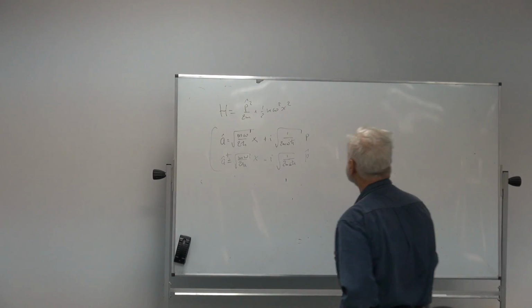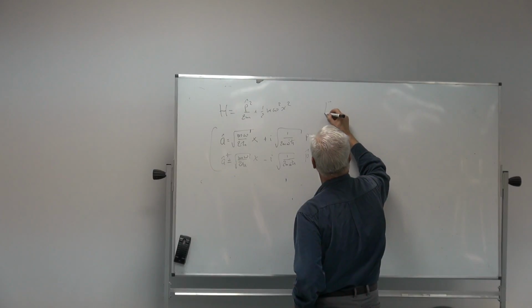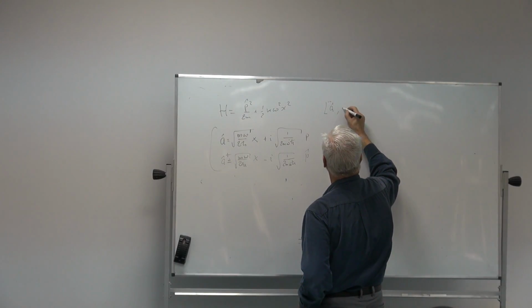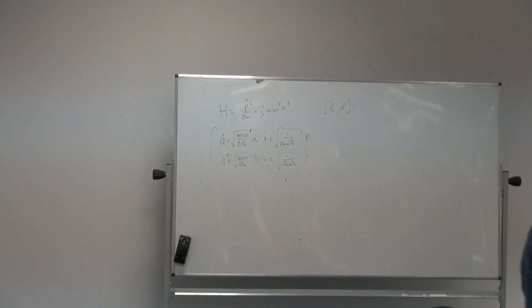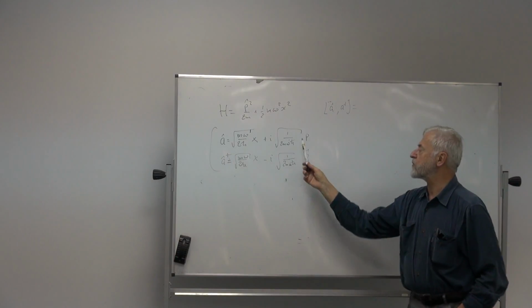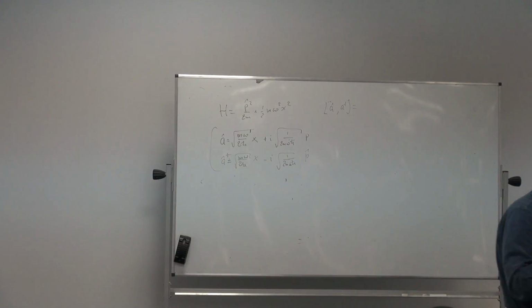The next, I want to compute most important commutator for this business. Well, I have to plug in this formula. Of course, we remember that x commutes with itself, p with itself. So all I have to do, I have to use the commutator between x and p. And the commutator of x and p is i times h bar. So this I use.